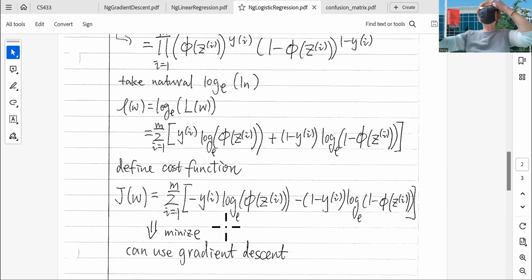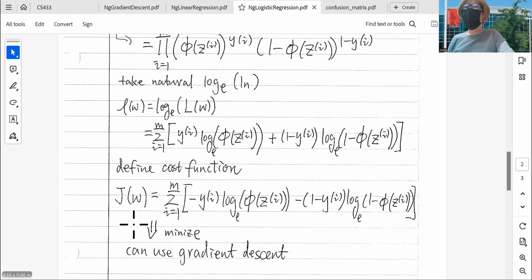So for logistic regression, the cost function is different. It's about the possibility. This is the cost, and we still try to minimize the cost. Your goal is still to minimize cost.